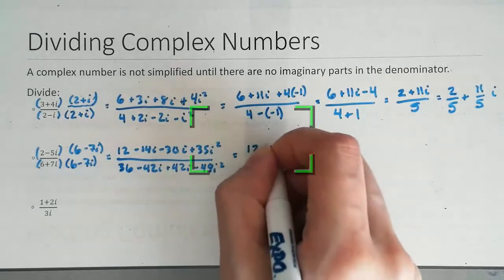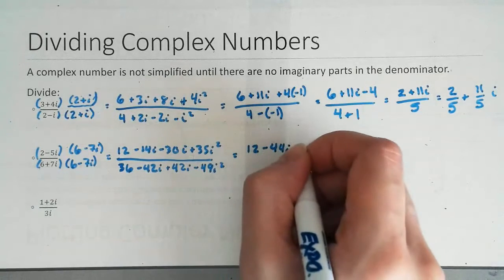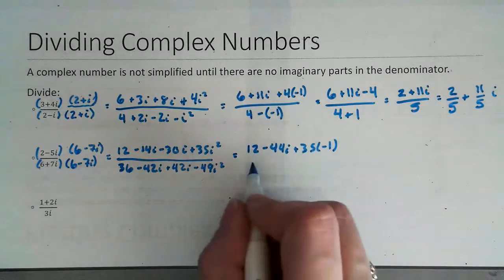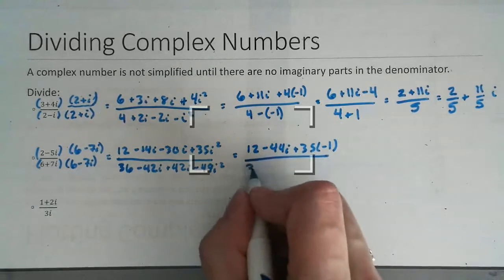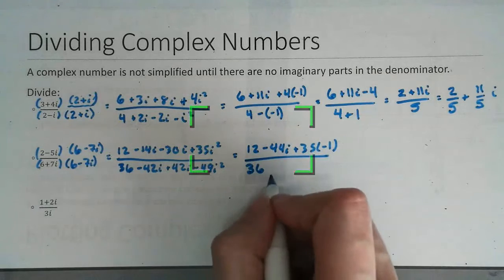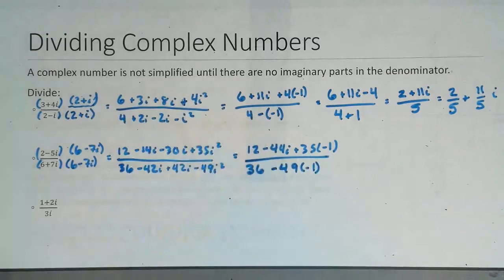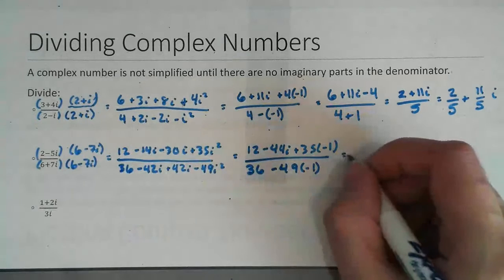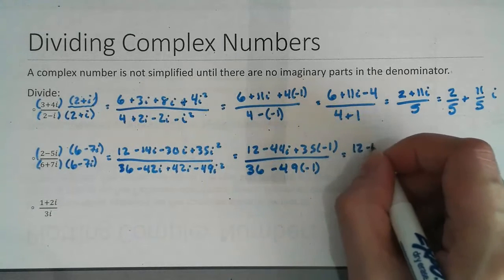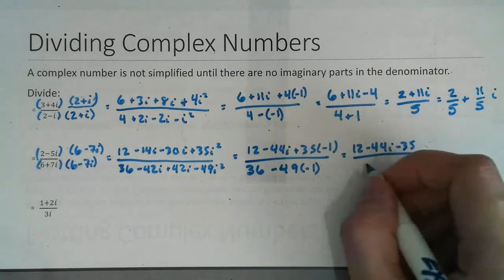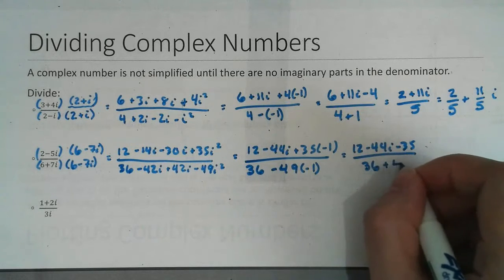That's going to give me 12 minus 44i plus 35 times a negative 1 over 36. The 42i's cancel out, and then minus 49 times negative 1. That would be 12 minus 44i minus 35 over 36 plus 49.